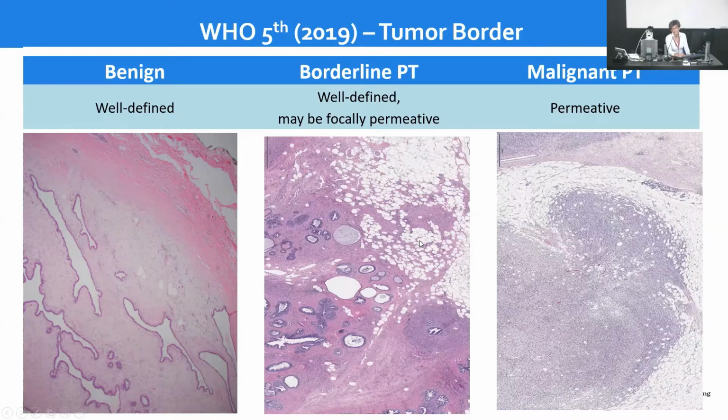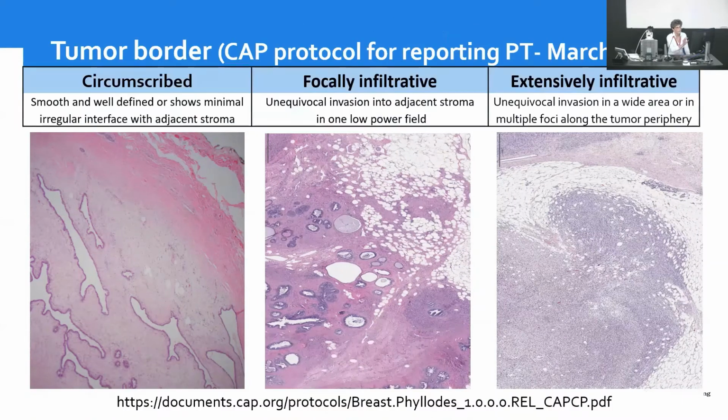As I mentioned a few months ago, the CAP, the College of American Pathologists, has released a protocol for reporting of Phyllodes tumor that in the United States we now have to comply with, but I think it provides useful information. And this is their definition of circumscribed.